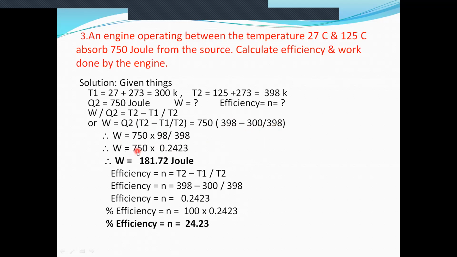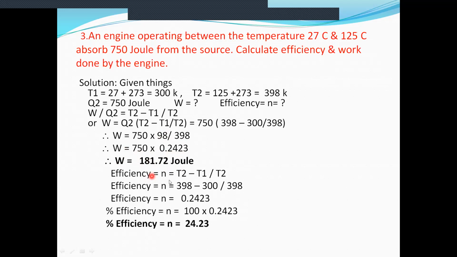Now this 750 into 398 minus 300. We can do oral calculation. 398 minus 300 leaves 98. That is 98 divided by T2, that is 398. Now 98 divided by 398 becomes 0.2423. If we multiply 750 by 0.2423, W is equal to 181.72 joule. So this is the work done.